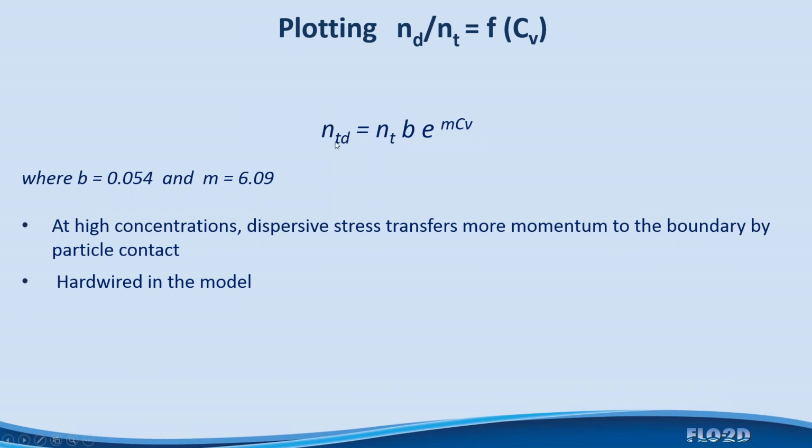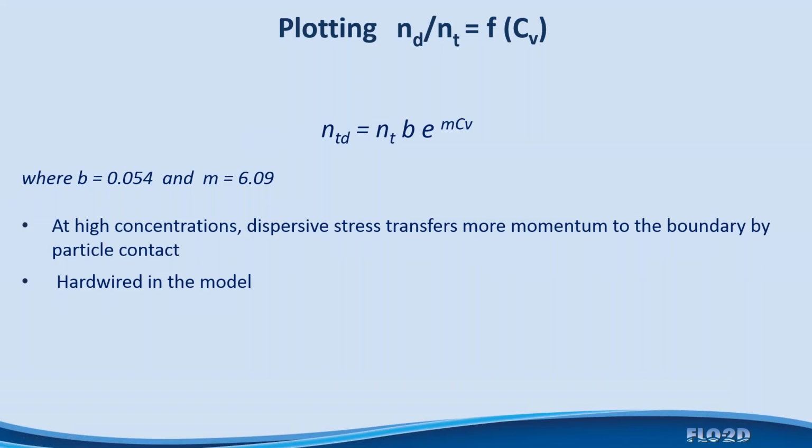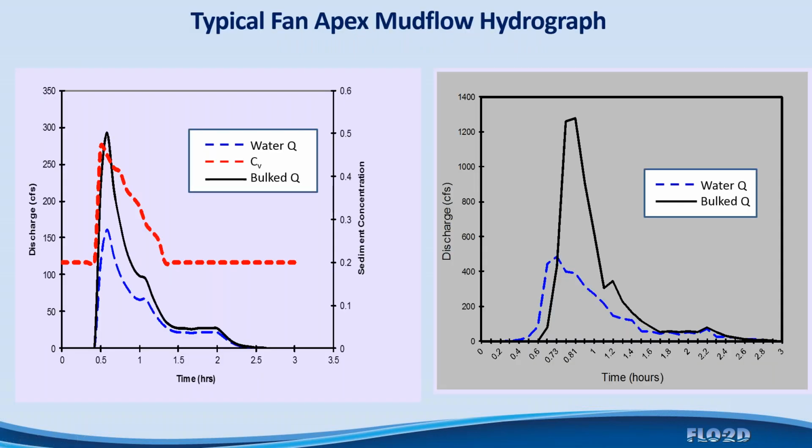It computes this additional resistance to flow due to the particle-to-particle impact using this relationship from this plotted data in this previous table. So again, I used the exponential relationship. So at high particle concentration, dispersive stress transfers more momentum to the boundary by particle-to-particle contact. And this is all hardwired in the model, so you don't have to do anything.